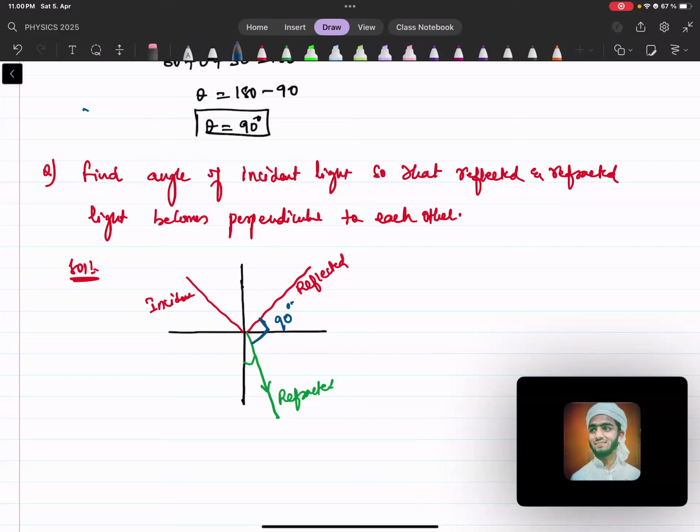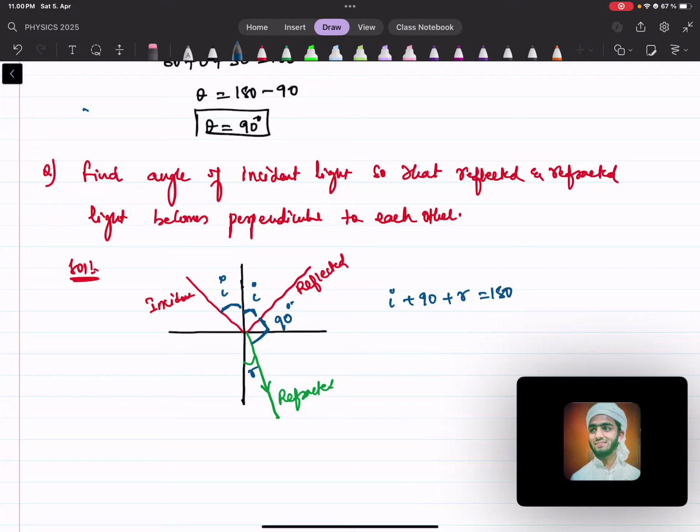If this is your angle of incidence I, you know that this angle is also equal to the angle of incidence I. Clear? Now tell me what is the value of R. I plus 90 plus R must be equal to 180.